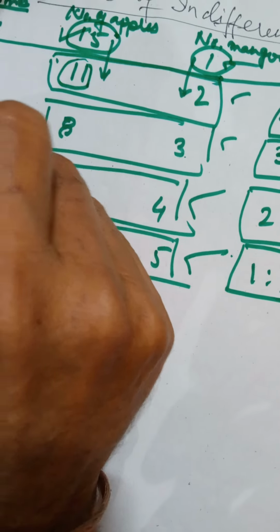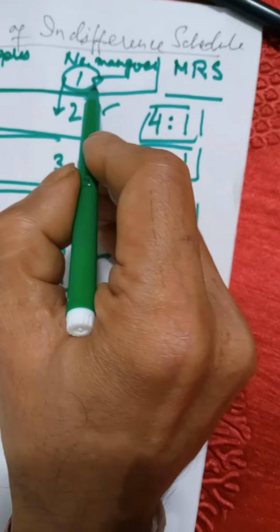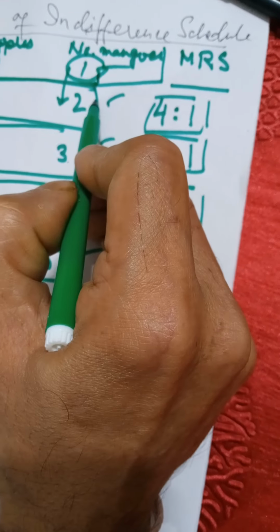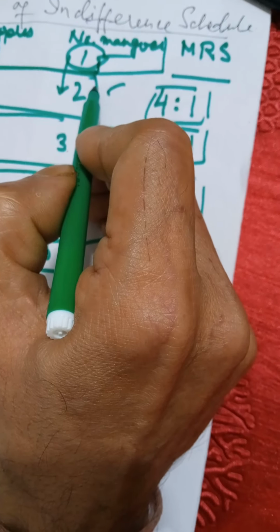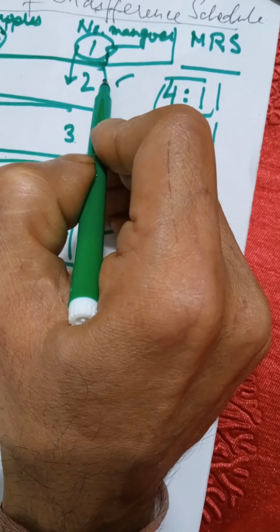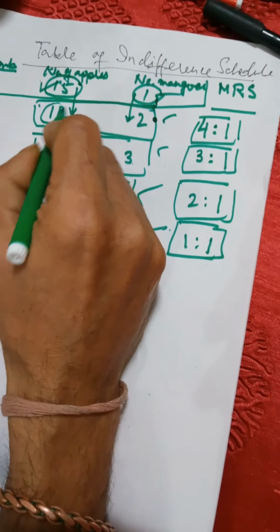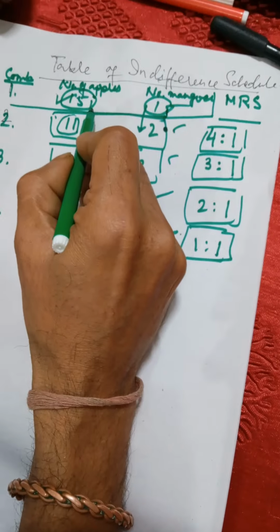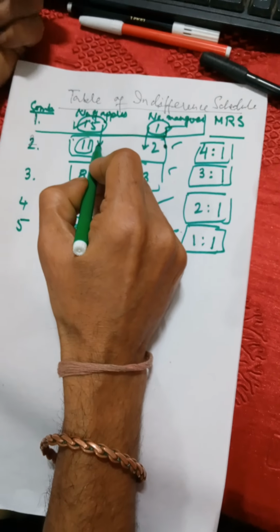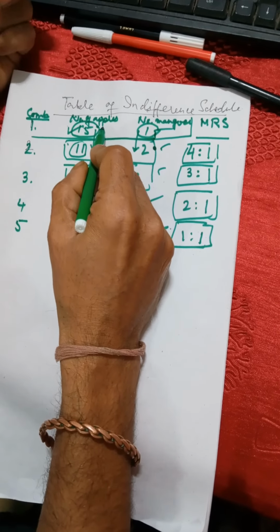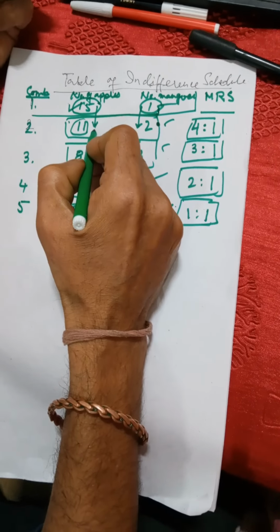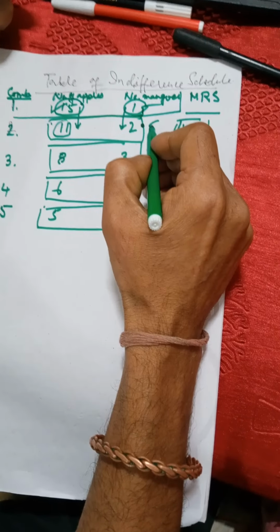On the other hand, since the stock of mangoes has increased from 1 to 2, the utility of mango has fallen. So his utility from apple has increased and the utility of mango has fallen.